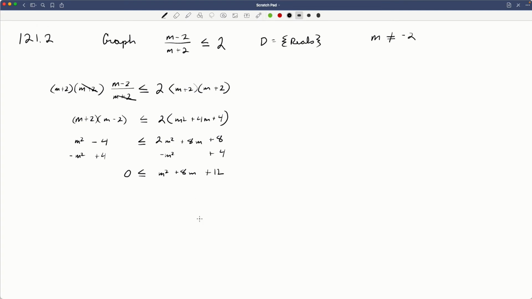And I always like to have it on the other side, so I'm going to flip everything around just because I like to read it that way. The most important thing you have to remember is that the sign, the less than, has to point to the 0 because that's the way it's sitting here. So m squared plus 8m plus 12, and I'm going to make the open side open to this.